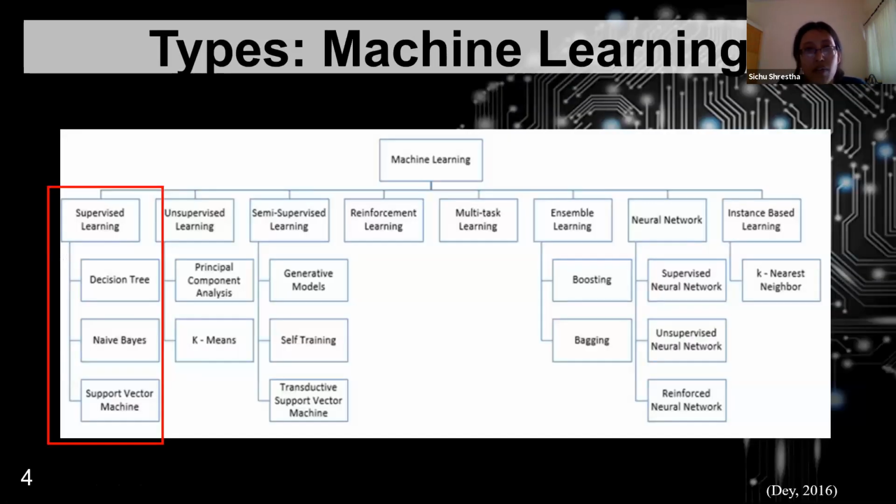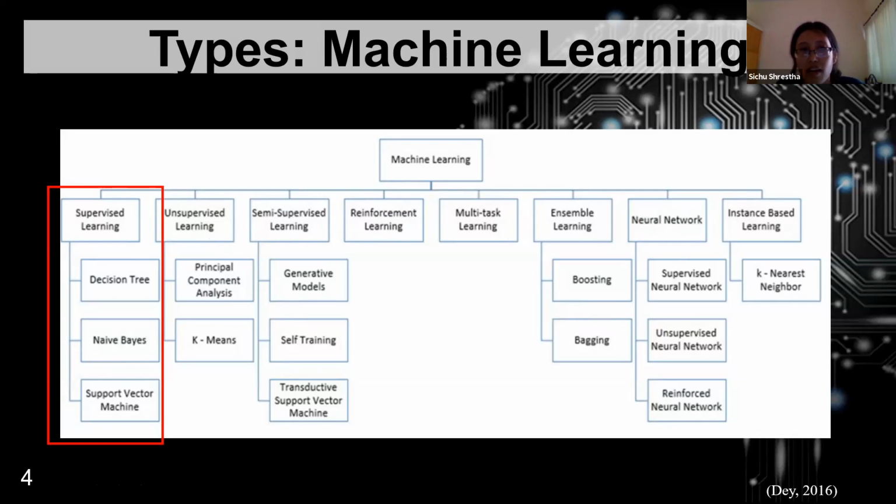Types of machine learning. Here we can see that there are different types of machine learning methods and algorithms: supervised learning, unsupervised learning, semi-supervised learning, reinforcement learning, multitask learning, ensemble learning, neural network, instance-based learning. These methods all fall under a broad topic, machine learning.